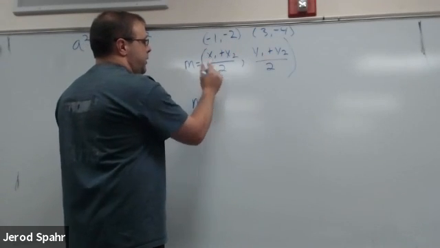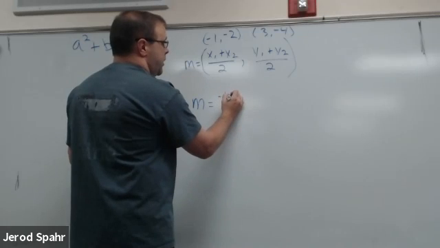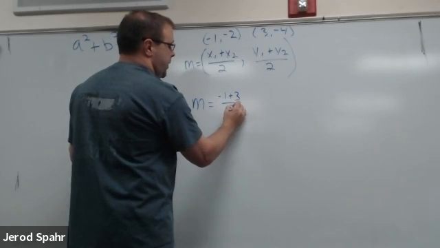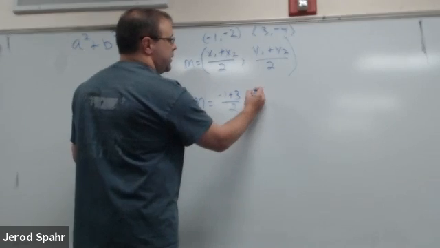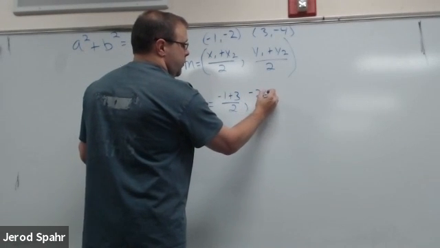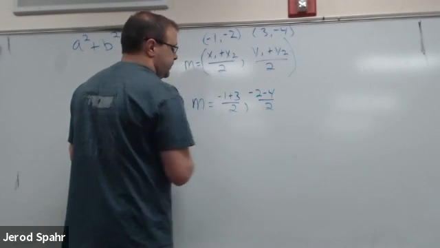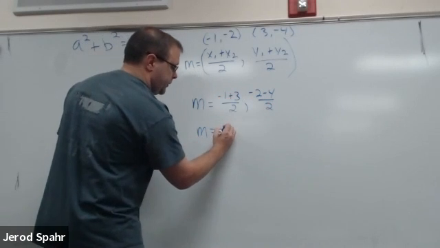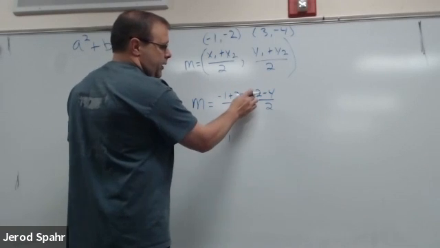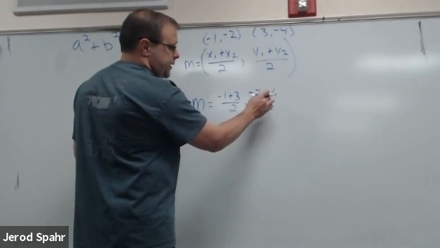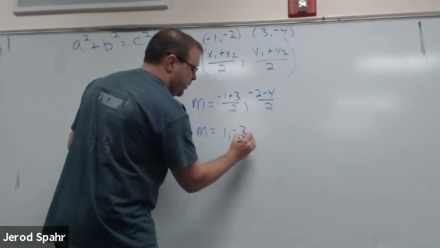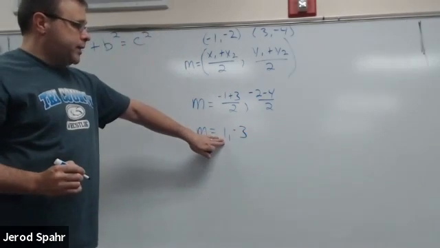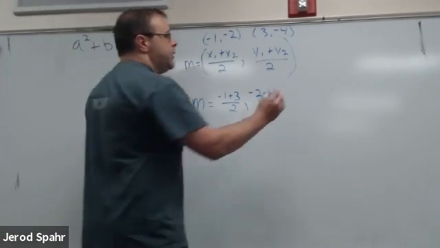So -1 plus 3 divided by 2, comma, and then -2 minus 4 over 2. So this is going to be 2 over 2, so 1, comma, this is going to be -6 divided by 2, so -3. So there's our midpoint. It's a point in between.